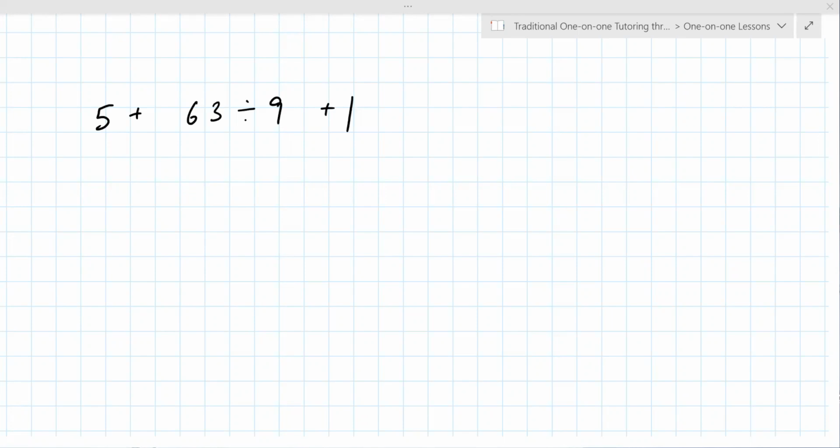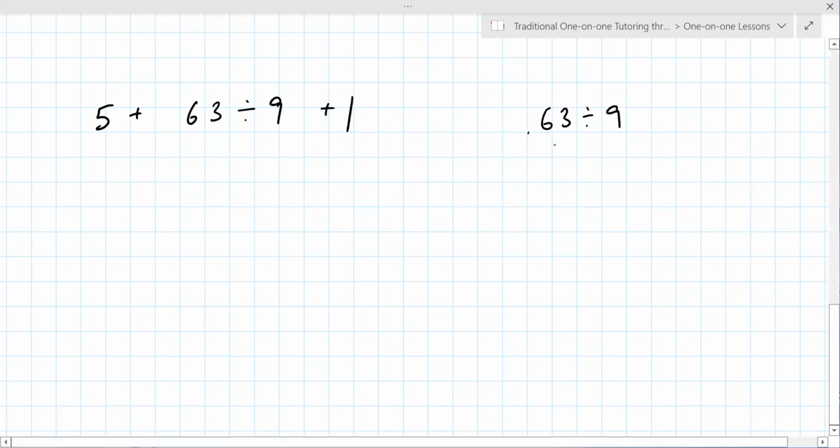Question. Yes. I know it's 63 divided by 9, but does it matter how we start it, or does it have to be 9 divided by 63? This is from your multiplication table, and yeah, the order matters.